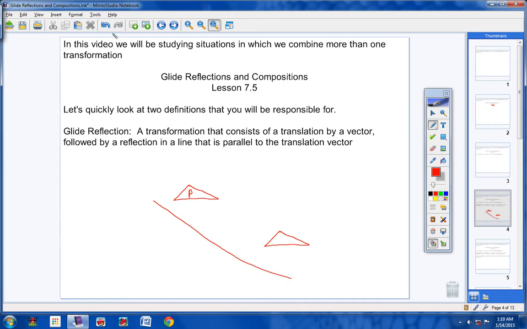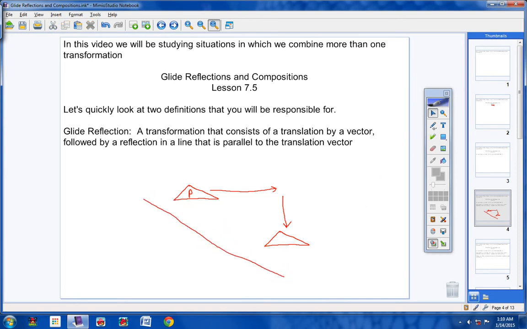So we take this item here, we moved it to the right, then we moved it down. That's called a translation. Next, we take this figure here and we reflect it across this line here. Now this line here could be anywhere as long as it's parallel to the translation vector.